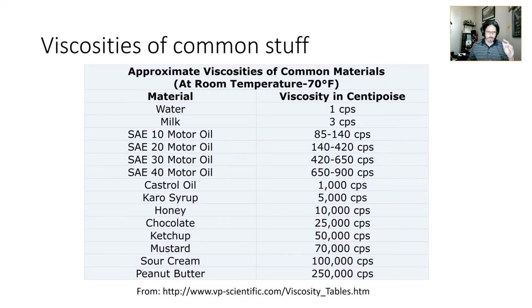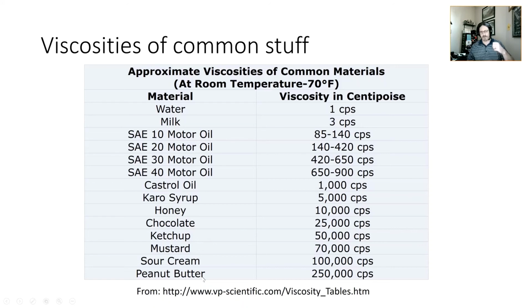But anyway, we can see the viscosity of motor oil increases with the grade. We start getting into Karo syrup, which is basically corn syrup, honey, chocolate. I'm assuming this is molten chocolate. Ketchup, mustard. Ketchup is also a non-Newtonian viscoelastic material. Sour cream and peanut butter. So in 3D printing processes, we see viscosities ranging from about the ketchup and mustard range all the way to the peanut butter range.